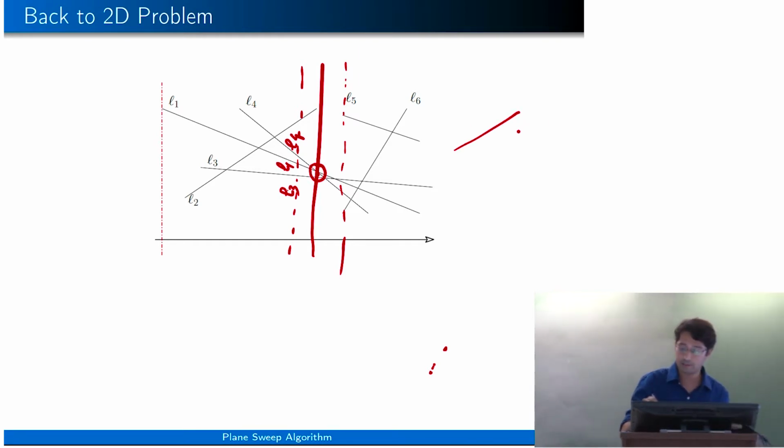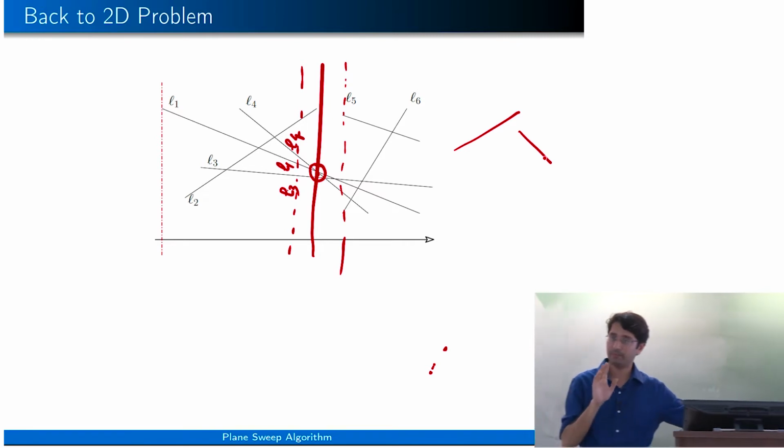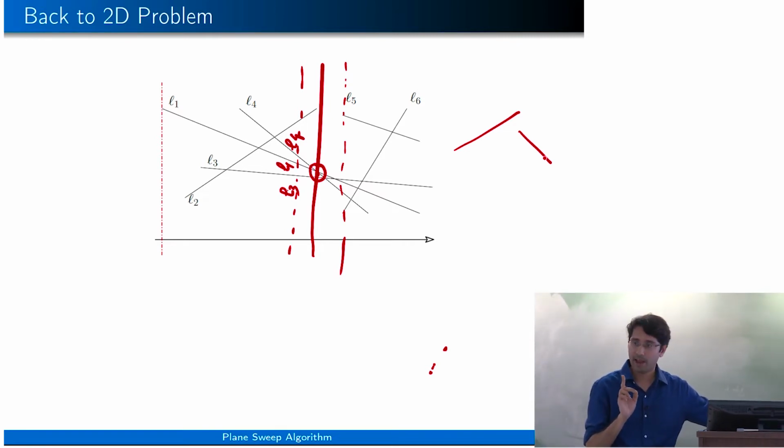You are saying something like this? Yeah, like if they are intersecting at the end point. Okay, very good, very good. That means you are thinking. Adjacency does not necessarily imply they will intersect. Intersection implies adjacency, right? If they intersect, then they must be adjacent. Adjacent does not imply intersection, right?